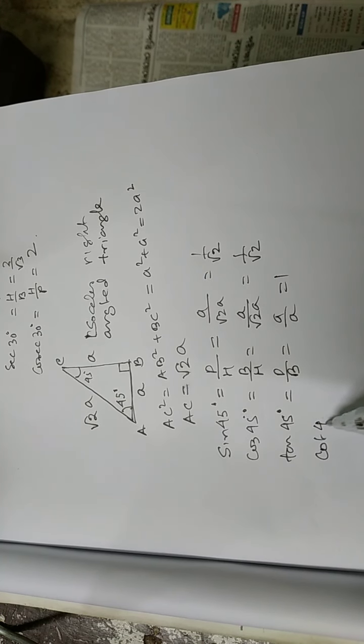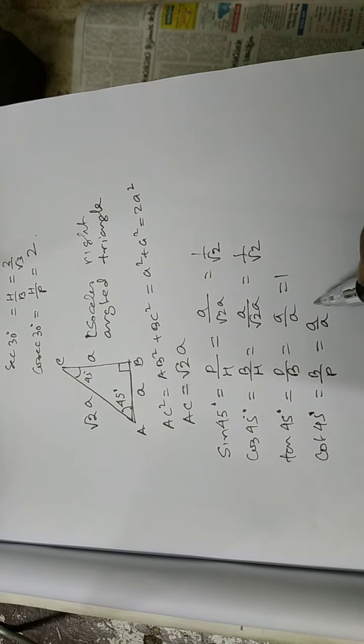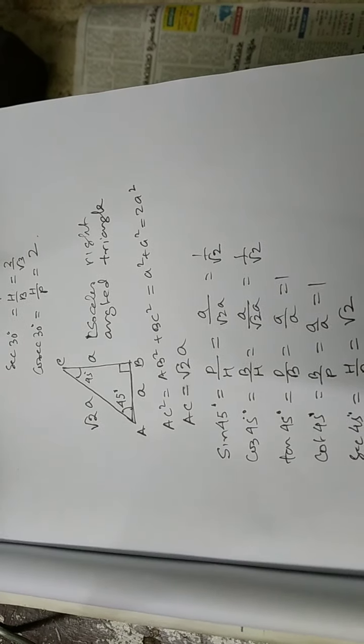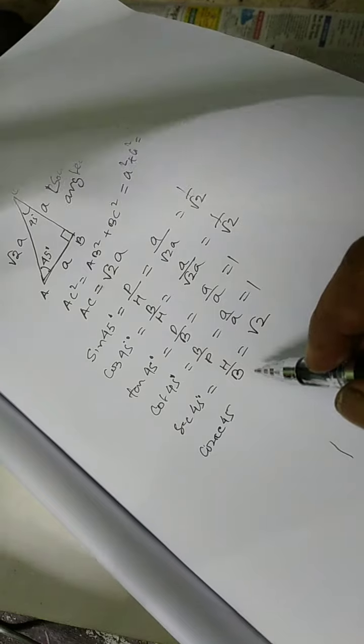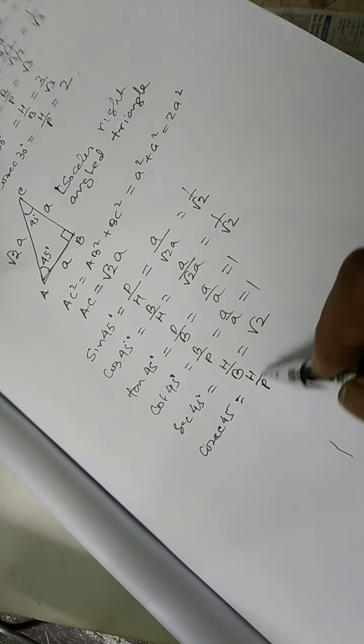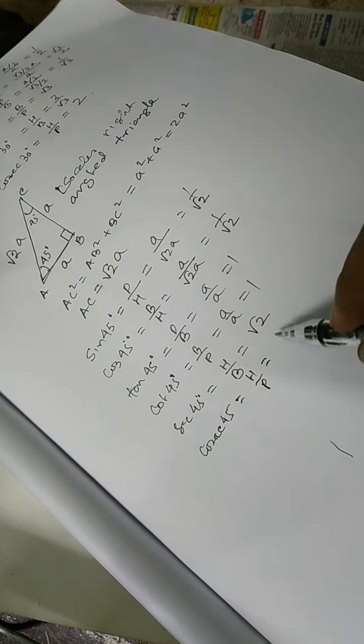Cot 45 equals B by P, A by A, equals 1. Sec 45 equals H by B equals root 2. Cosec 45 is equal to H by P equal to root 2.